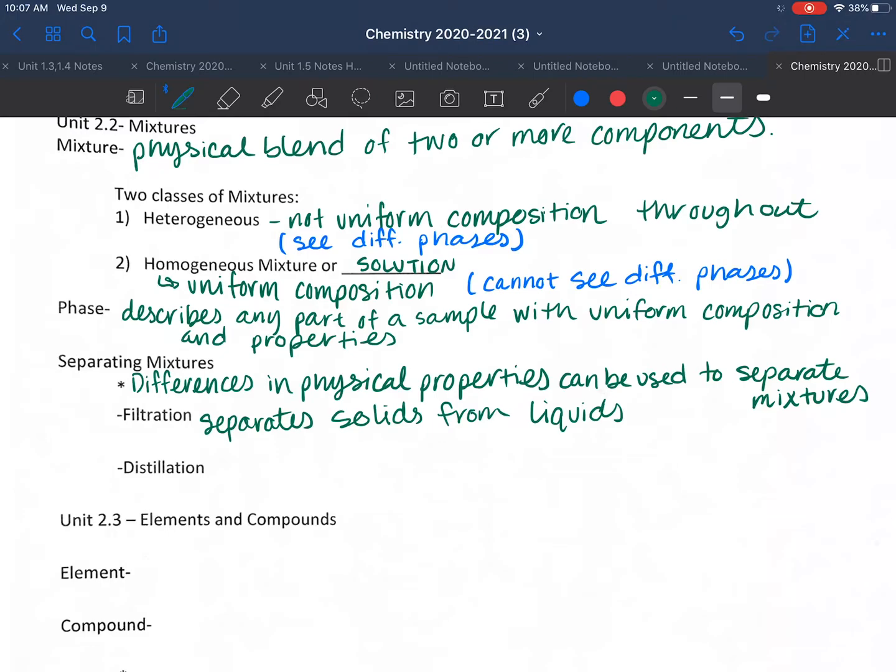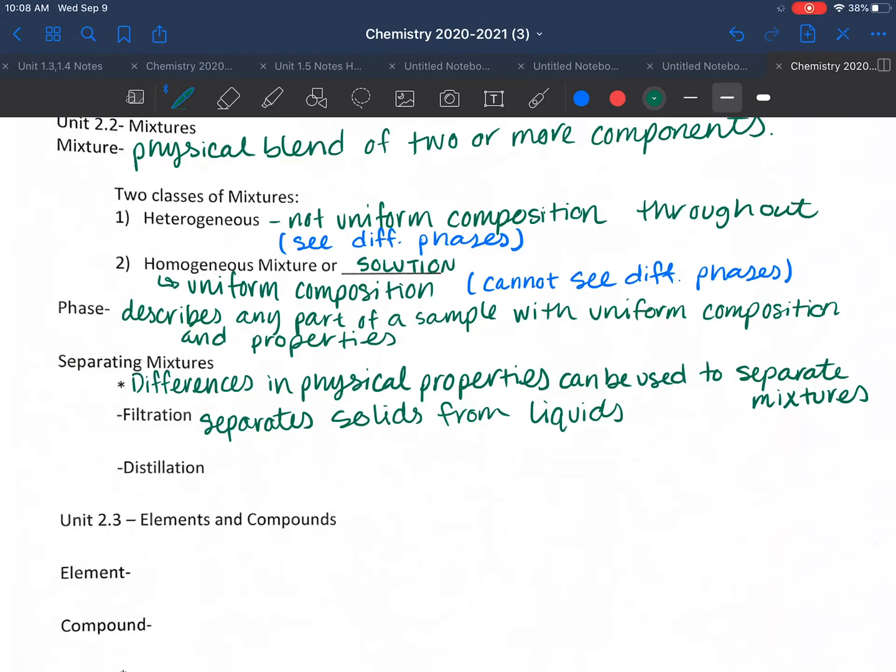And distillation is a technique that uses a liquid that is actually a combination of liquid phases. You'll boil one out and then condense it back into a liquid in a separate apparatus.